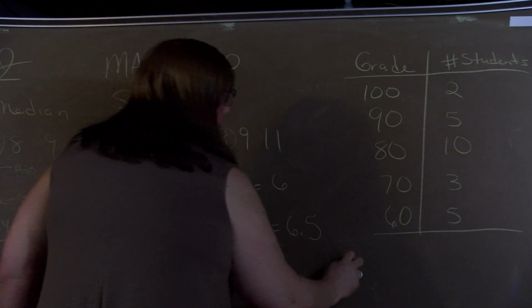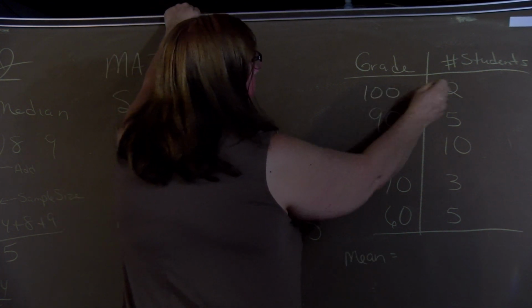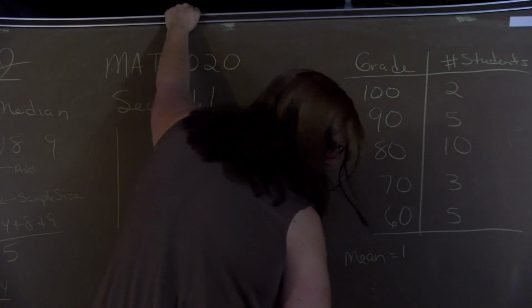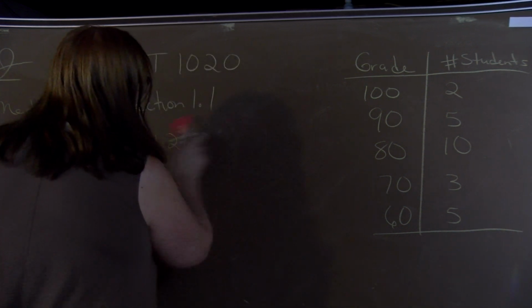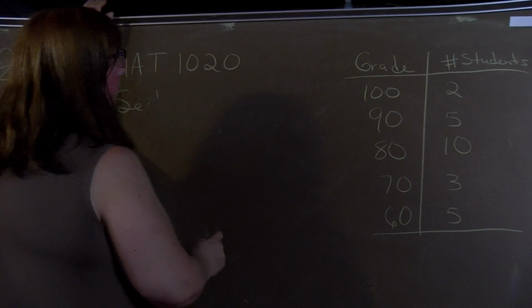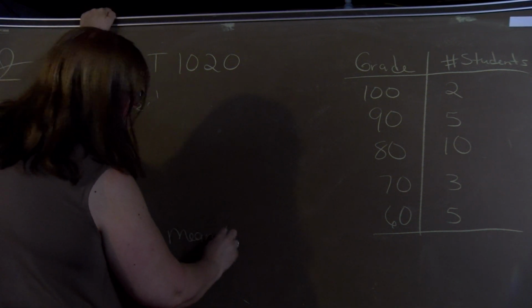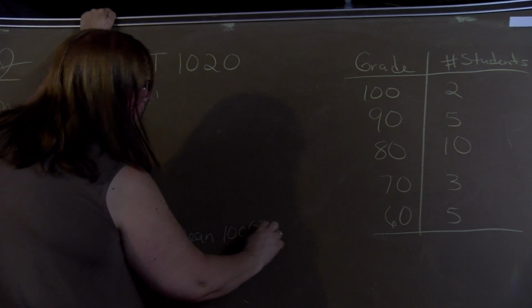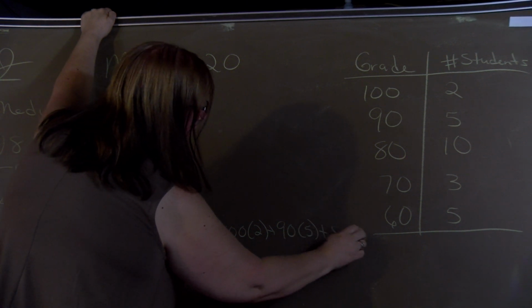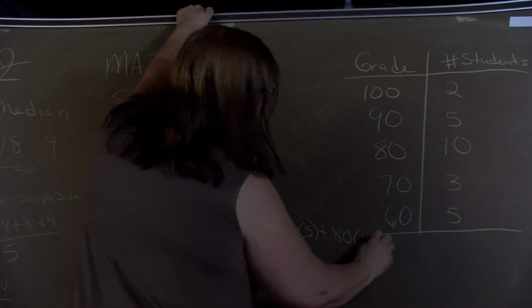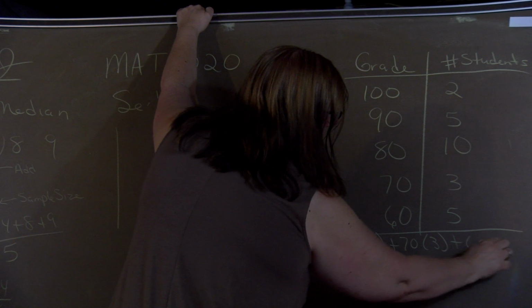So to find the mean, you need to multiply 100 times 2, plus 90 times 5 plus 80 times 10 plus 70 times 3, and lastly, 60 times 5.